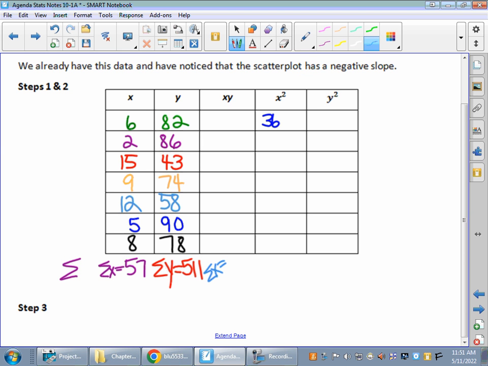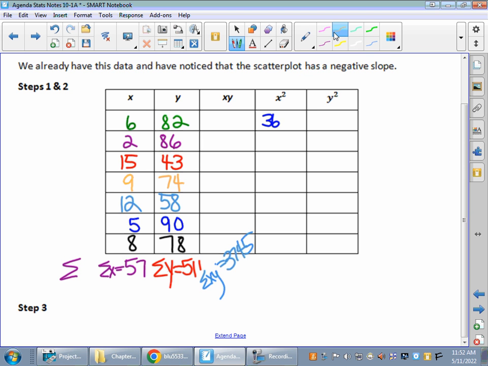If you do the math and you get something different, please let me know. But I did the math once, and I don't want to bore you. This is actually the sum of X, Y.